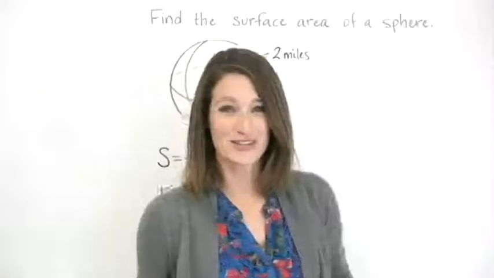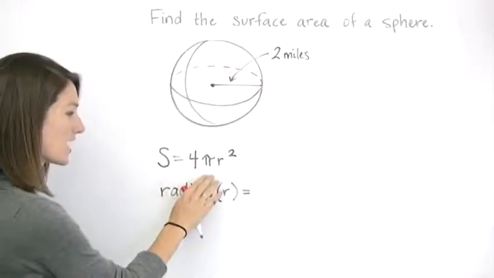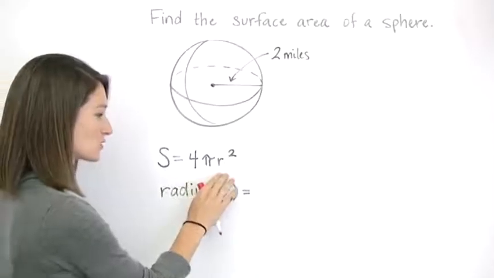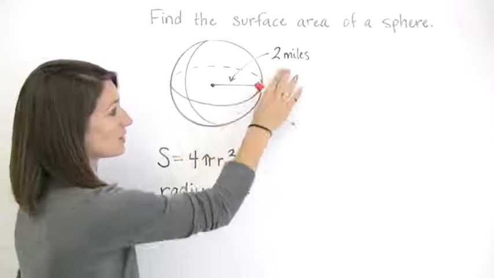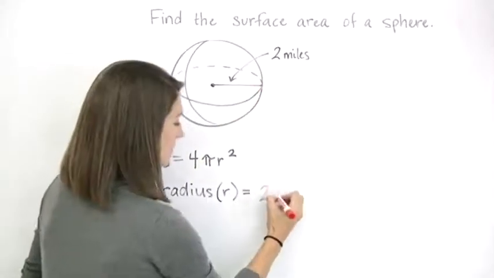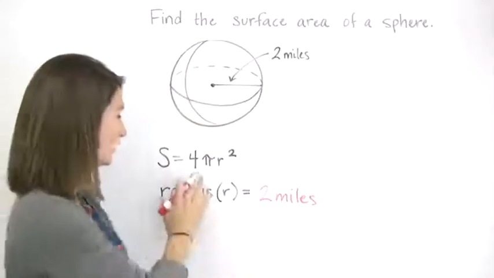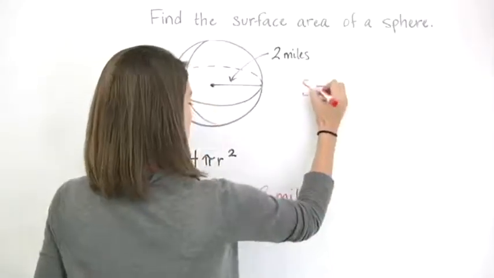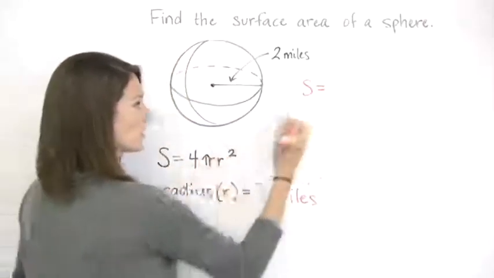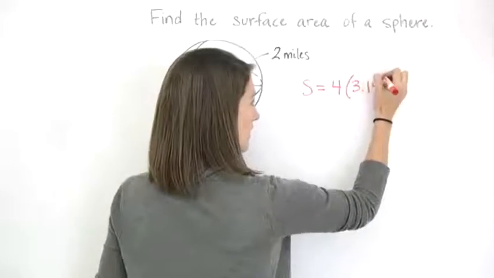To find the surface area of a sphere, we use the formula S is equal to 4 times pi times the radius squared. For this example, we have a sphere that has a radius of 2 miles. So let's go ahead and use this value, plug it into our formula, and find our surface area. So we have S is equal to 4 times pi, and we'll use 3.14 for pi.